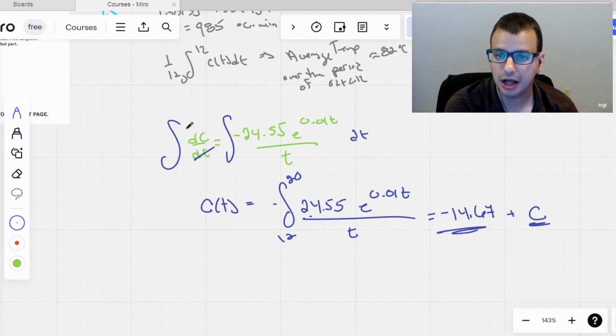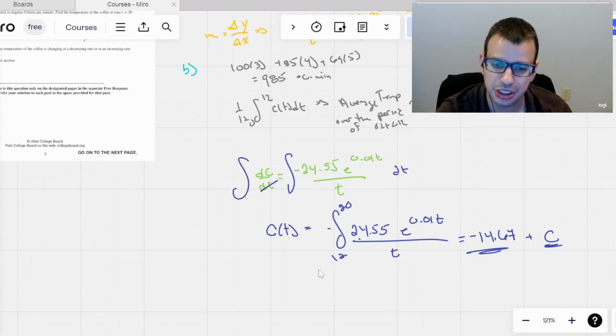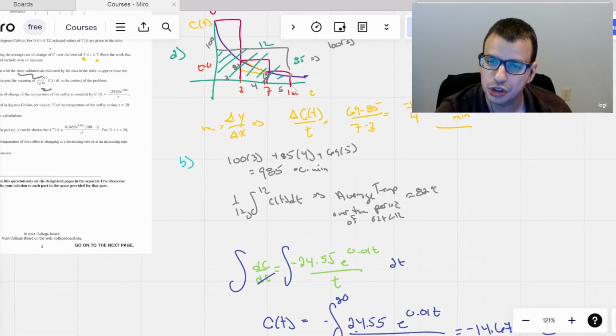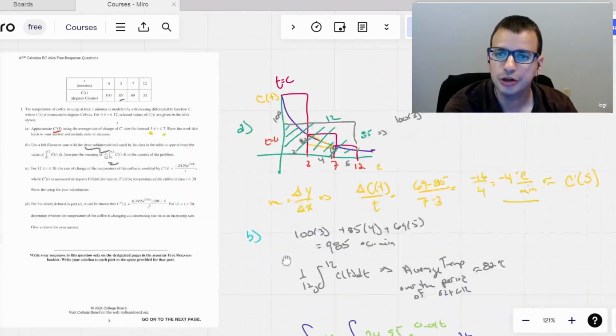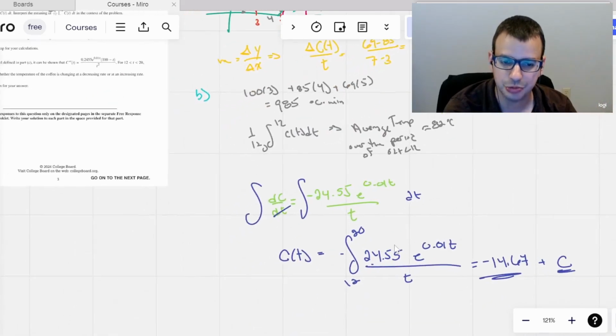And that constant is going to be where we started at. So what we have here represents the change in temperature from 12 to 20.